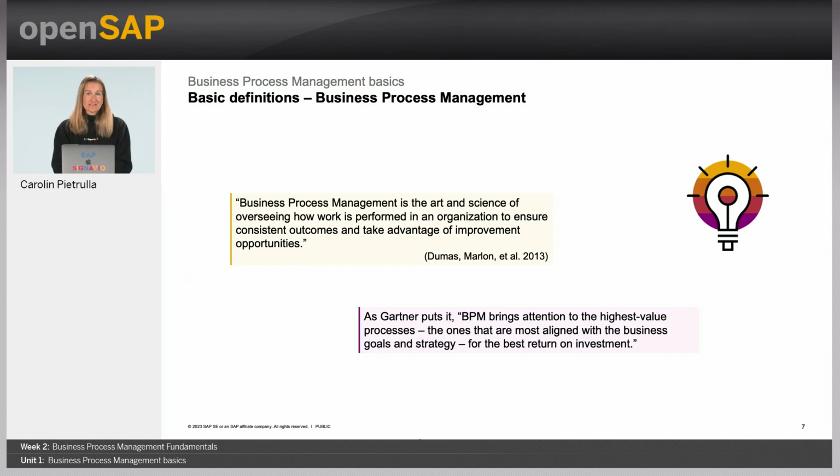Or, as Gartner likes to put it, BPM brings attention to the highest value processes, the ones that are most aligned with the business goals and strategy for the best return on investment. To me, BPM is all of the above, but most importantly, it creates one language everyone in an organization understands: pictures.